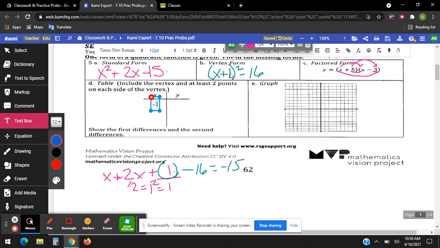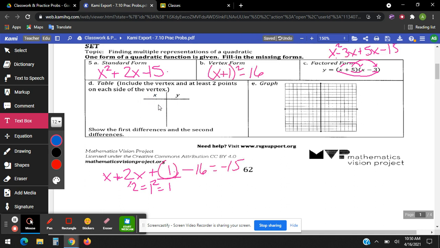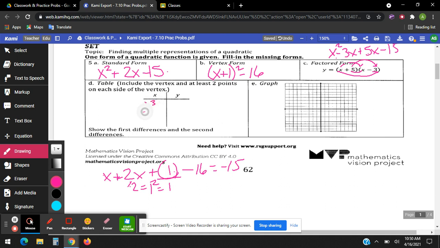So I'll put a negative 1 in here, and then I need negative 3, negative 2, negative 1, 0, and 1. I'm sorry, these are not going to be very clear, my writing doesn't draw very nicely, but it's a small space. So we know the vertex is negative 1, negative 16.